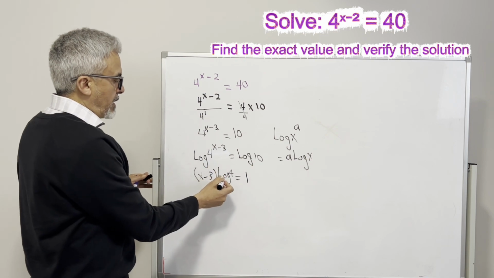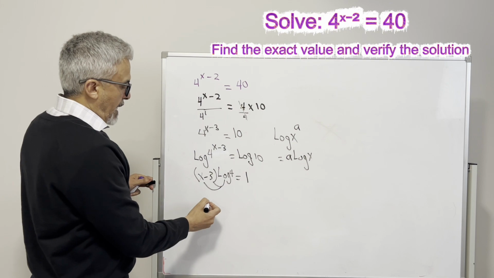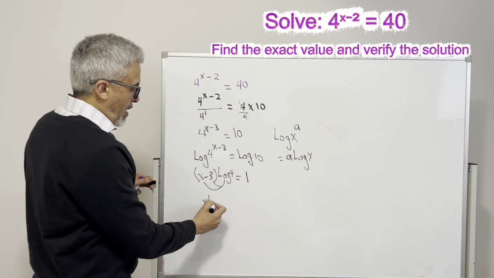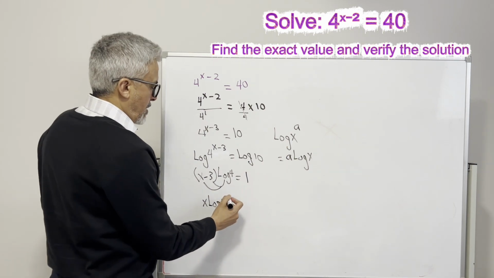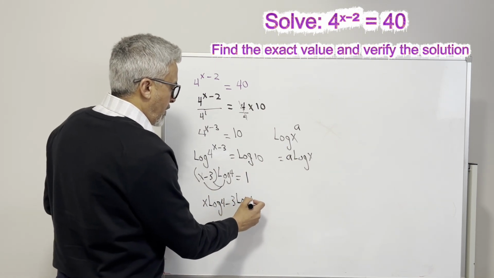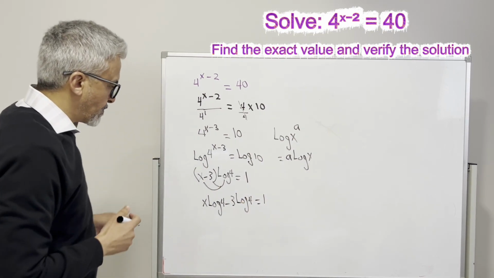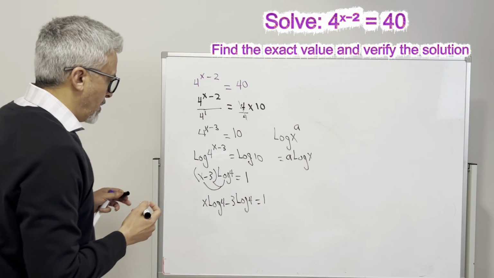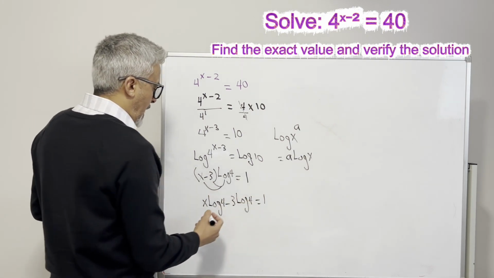Now I'm going to distribute the log 4 into the 3 and into the x. So I'm going to have x log 4 minus 3 log 4 equals 1. I'm going to move this negative 3 log 4 to the other side.